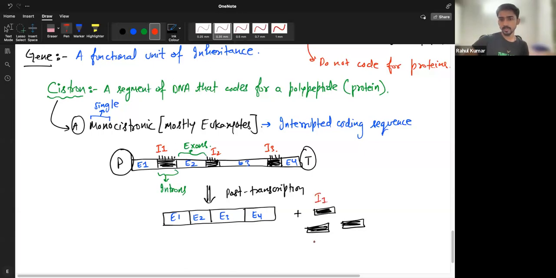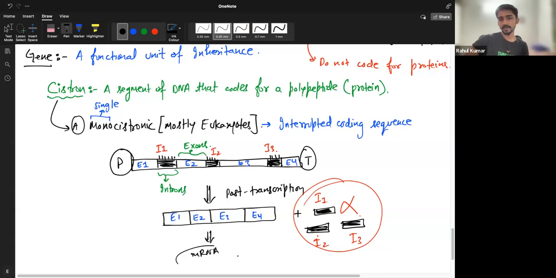So this is intron 1, intron 2 and intron 3. So all these are removed. And then this is our processed mRNA. This forms our mRNA. We don't need introns in our processed mRNA, which can be read by the ribosomes to make protein. So this kind of arrangement is called interrupted sequence.